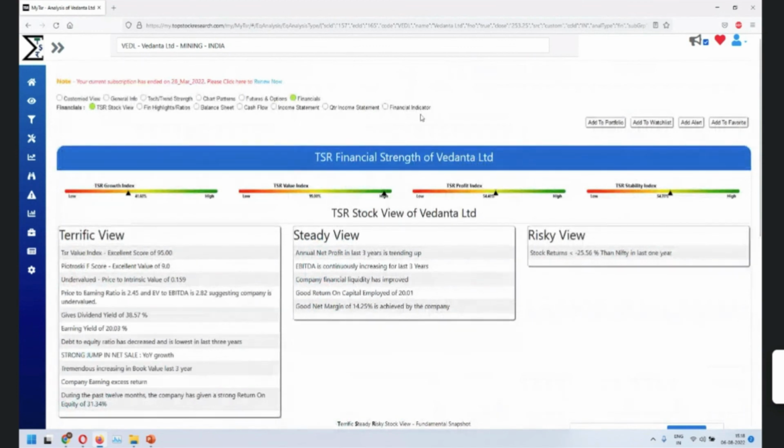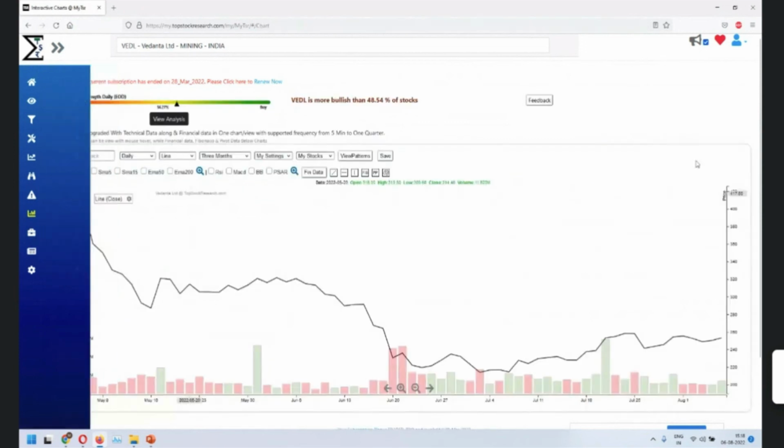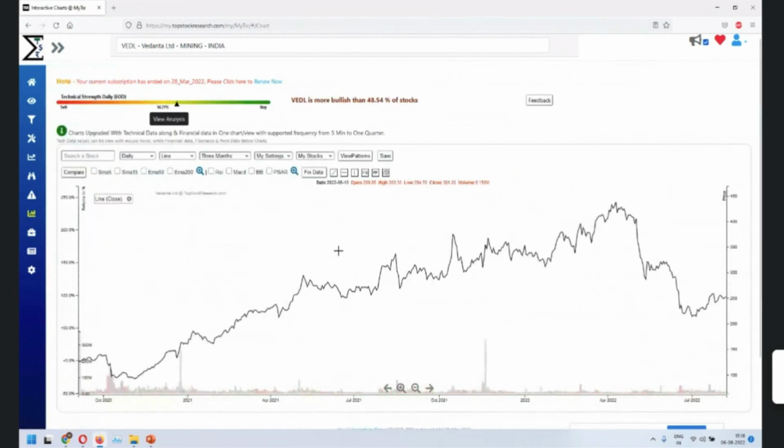If the stock is beaten down badly, you see the stock is beaten down from around March 2022, 31st March, the financial year end. It is about 50% of what it was then.